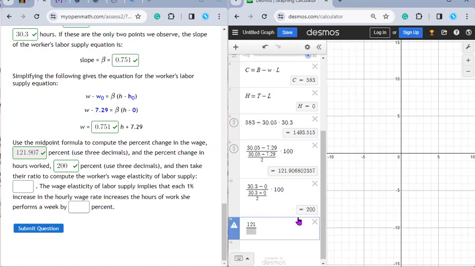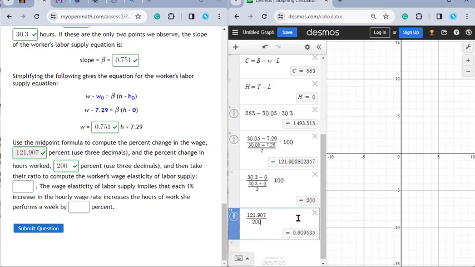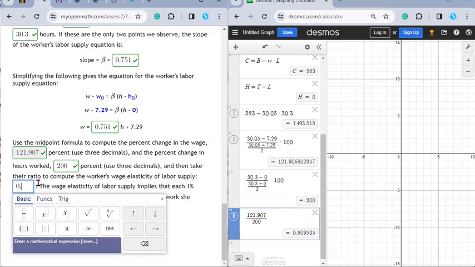The 121.907 is the percent change in the wage. And 200% is the percent change in hours worked. And it looks like our worker's wage elasticity of labor supply is 0.60, well, 10, right?